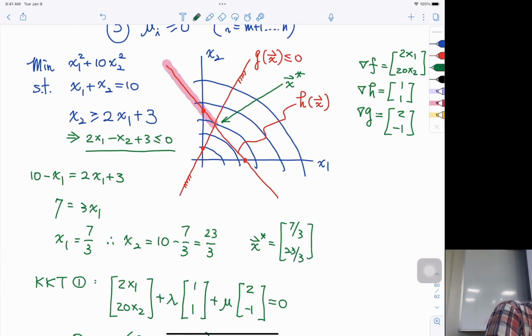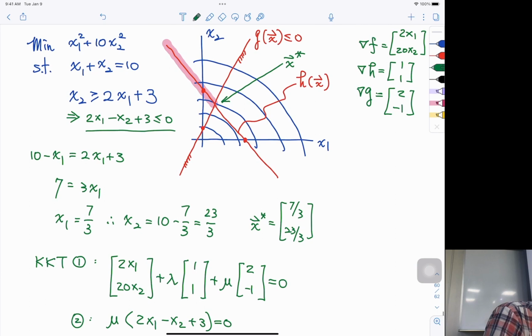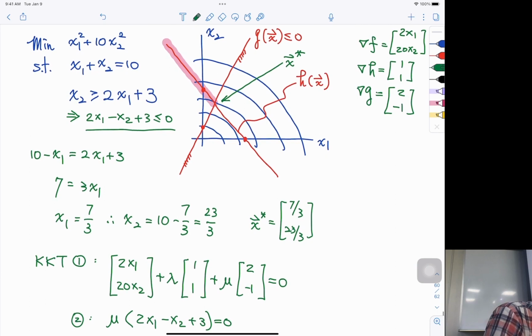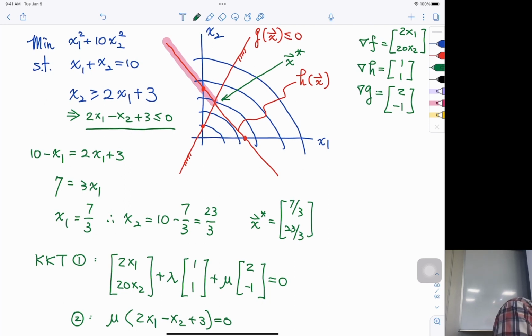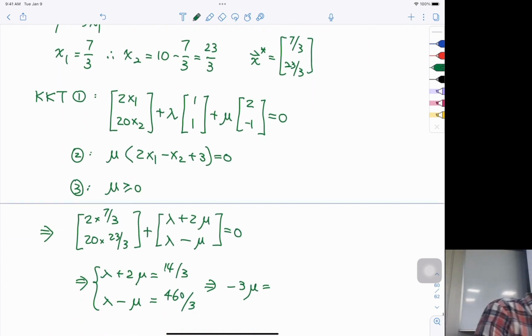Why? Did I make a mistake? x2 equals 10 minus x1. Yep, x2 right here. And 10. Yeah. Looks right. Okay, now let's continue to see.